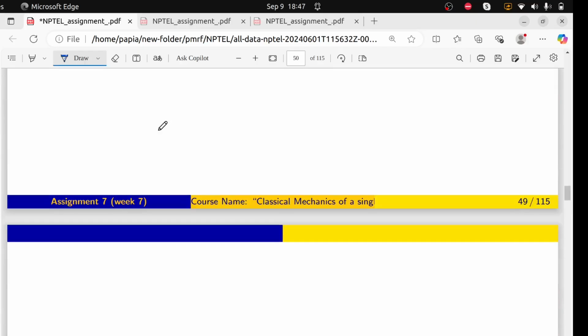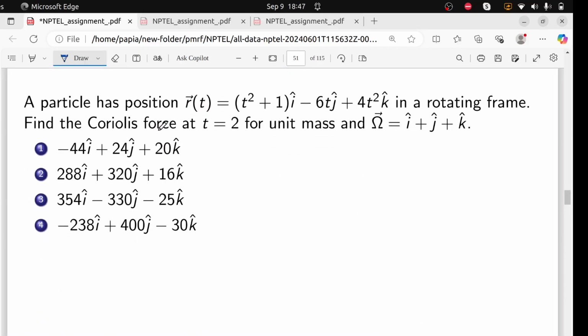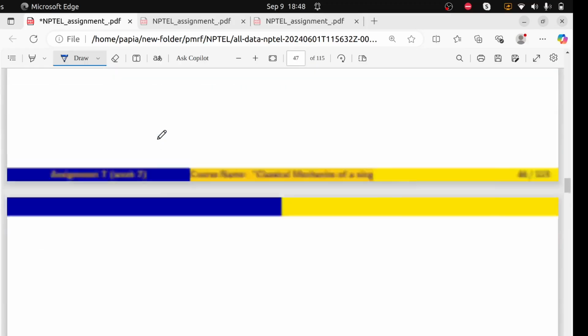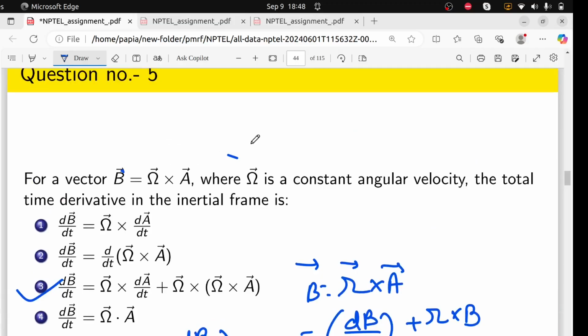Okay, but I have seen, obviously I am not going to tell the details about this year's assignment week 7, but I have seen there is a similar question with a proper definition as well as proper information. By seeing that information we can see the actual option there, but in the case of question number 5 we can't have proper information.